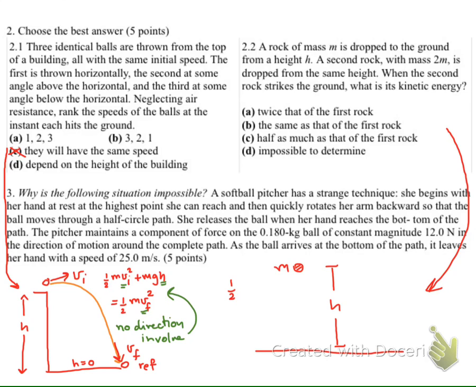You may start from the mgh. It means that initially the rock has only the potential energy, and then it changes to the kinetic energy. So when the rock strikes the ground, the velocity can be computed from this equation.